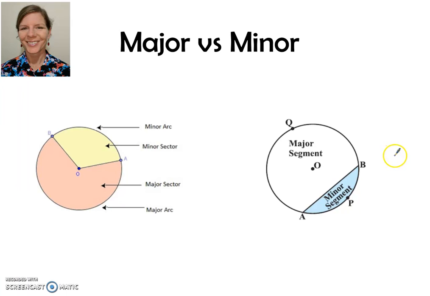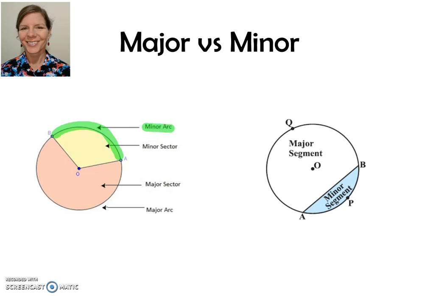Now we do just have to be a little bit careful with major versus minor arc lengths, sectors and segments. Okay, so in any case, unless your angle in the middle here is 180 degrees, then one side is going to be bigger than the other. So over here we've got the minor arc length, which runs from B round to C, that's your minor arc.